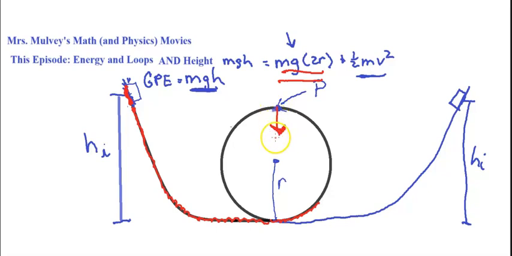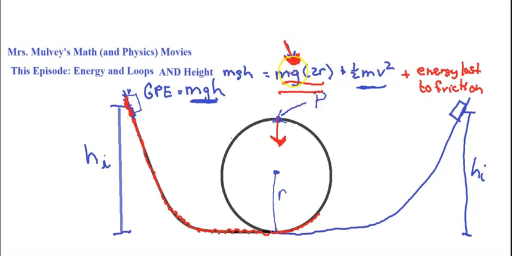Lowering the radius of the circle, lowering the height of the circle, lowers the gravitational potential energy. And so if I'm now experiencing friction, lowering this height of the circle will decrease the gravitational potential energy and hopefully make up for the energy lost to friction.